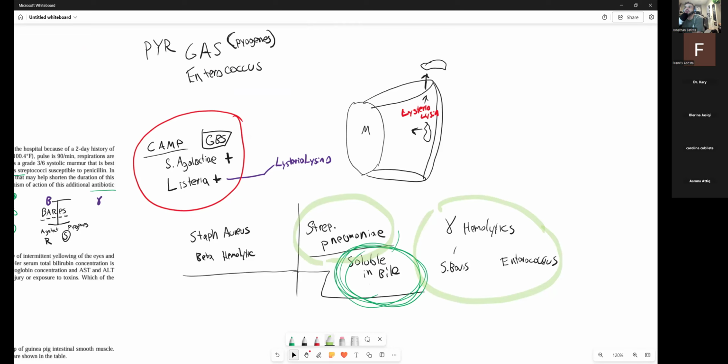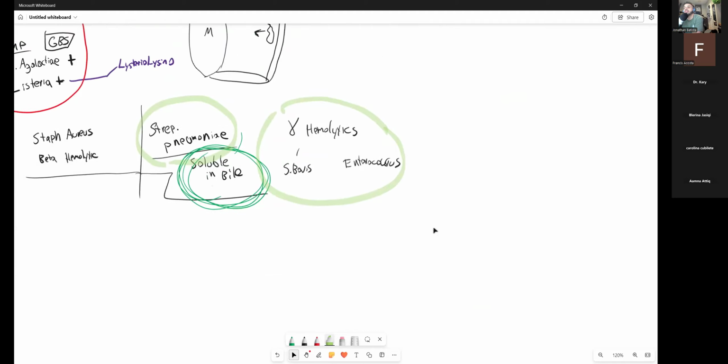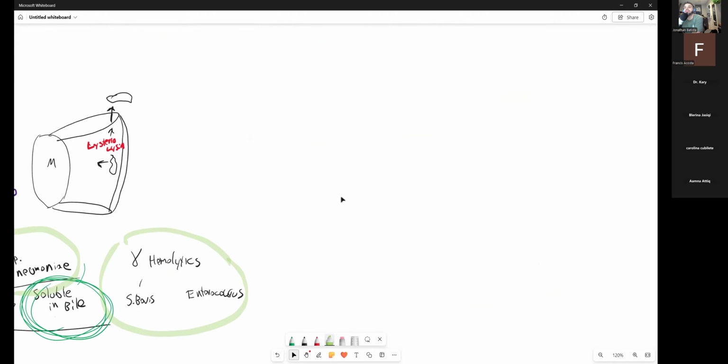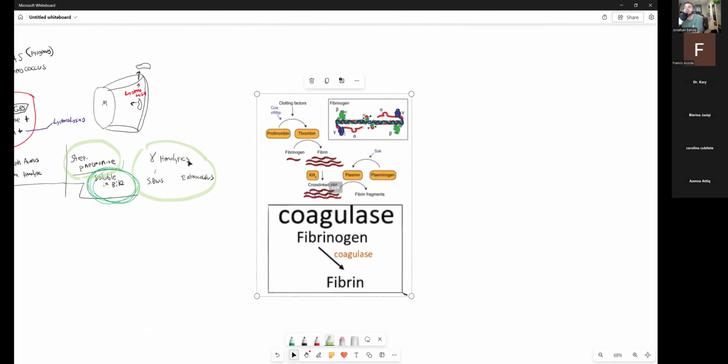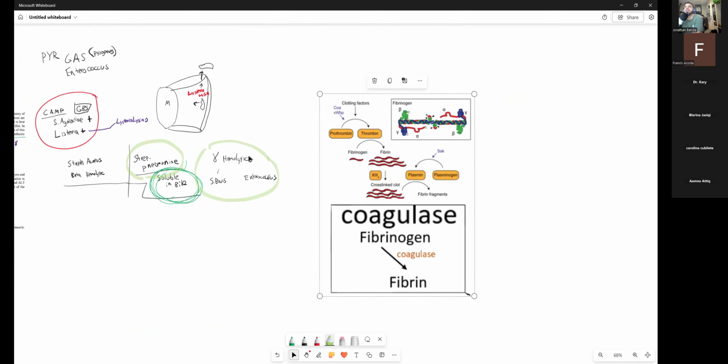I'll show you a little image of what coagulase can do so we can understand this. Not protein M. Protein M is the toxin responsible for mimicry in rheumatic fever. But no, I'm talking about just the hemolytic properties that this can have.